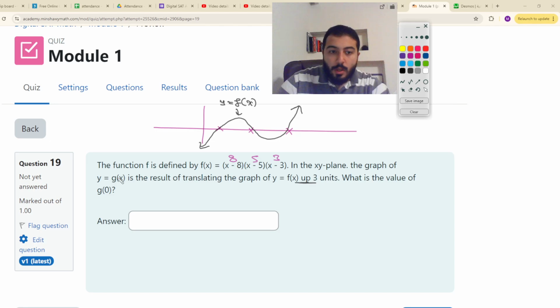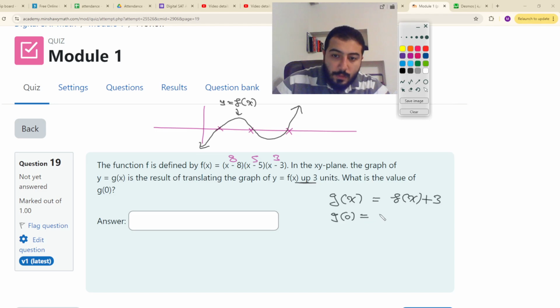So g of x is taking f of x and translating it up 3 units, and that's done by taking f of x plus 3 outside of the bracket. The value of f of x is plus 3. So when he asks for g of 0, that's f of 0 plus 3.